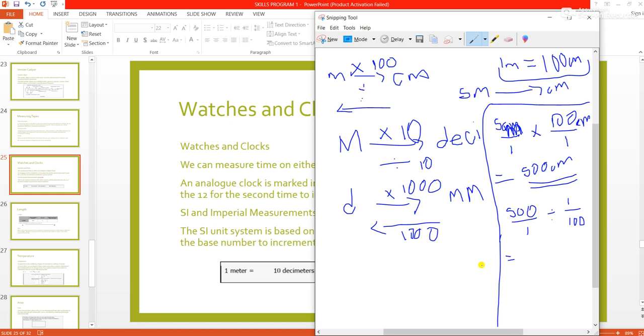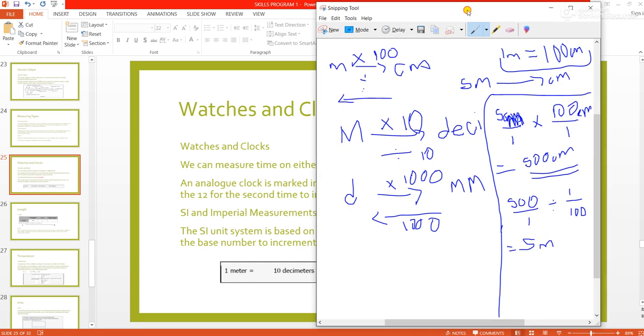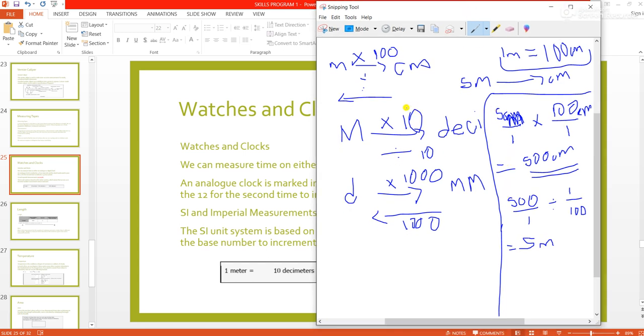The 1s will cancel each other. When you divide 500 by 100, that will give you 5 meter. So that's how you convert from meters to centimeter.